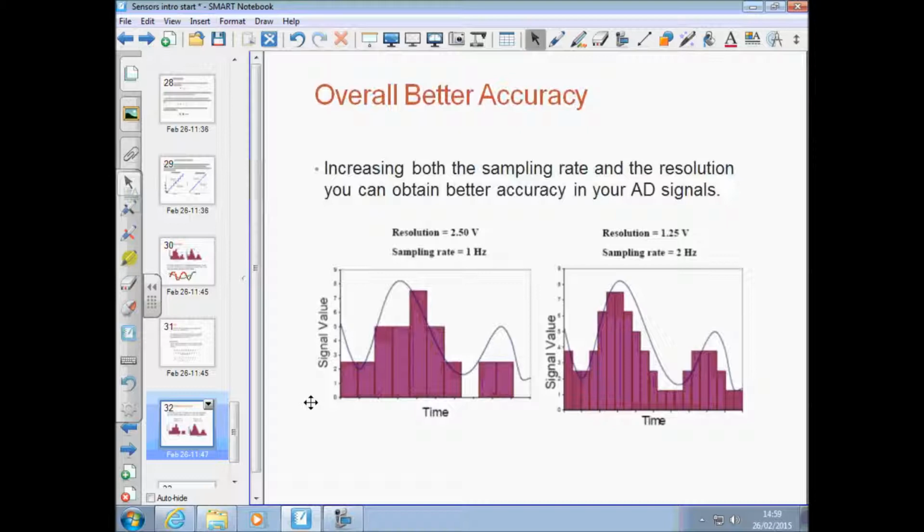Overall, if we do both, you get better accuracy.